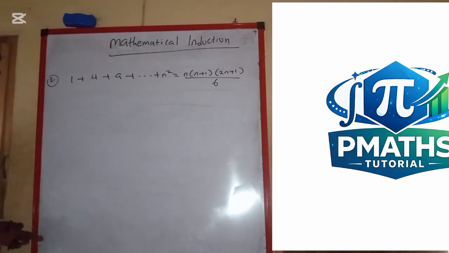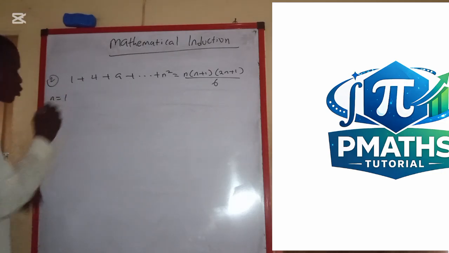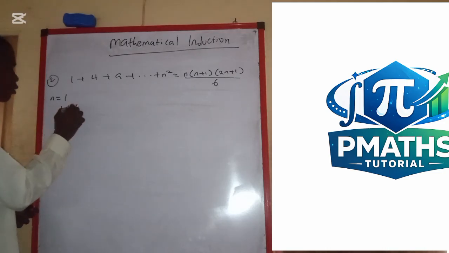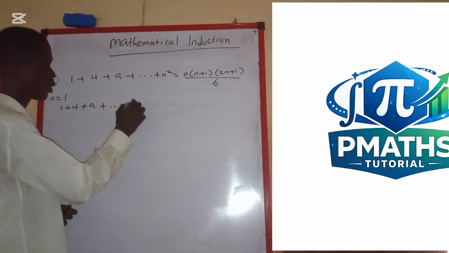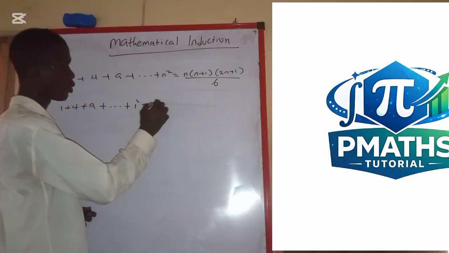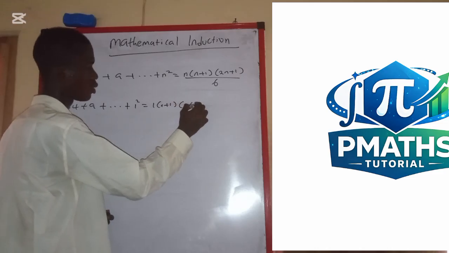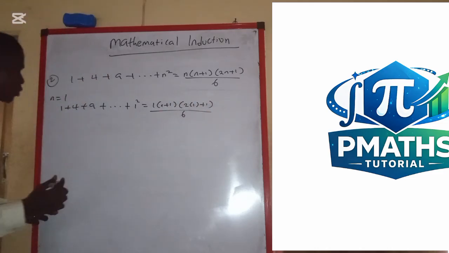So in the same step, the first step is to show that n equals 1 is true. As 1 plus 4 plus 9 plus dot dot dot plus 1 squared equals 1 times (1 plus 1) times (2 times 1 plus 1) over 6.